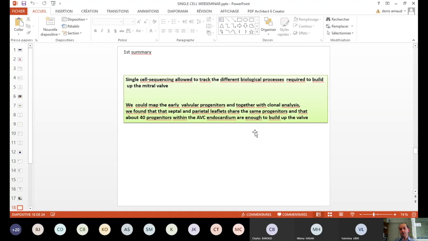And these progenitors are capable of building both the septal and the parietal leaflets. This is very important information, specifically to understand later on some disease when something goes wrong during the development of this valve.